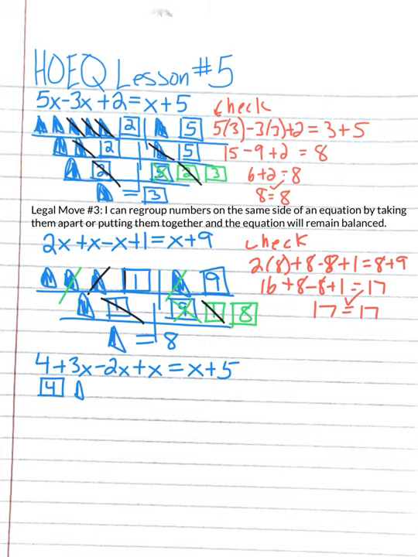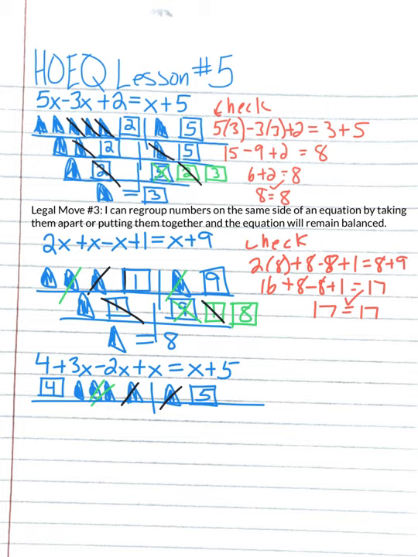So 4, and then there are 3 x's, but then I'm going to take away 2 x's, and then I'm going to add another x, and this is going to be the same as an x and 5. If I want to, I can show my balance by taking away 1 triangle from both sides.